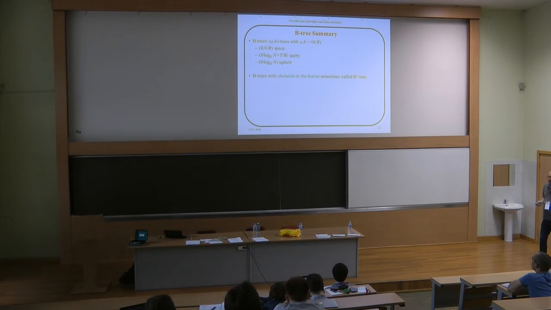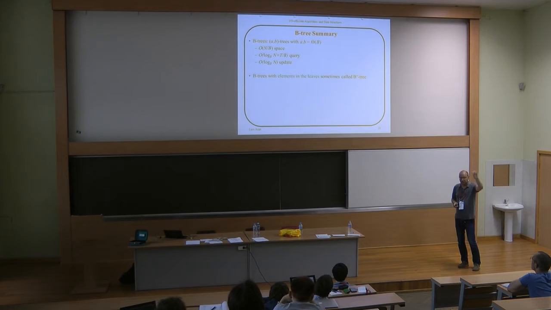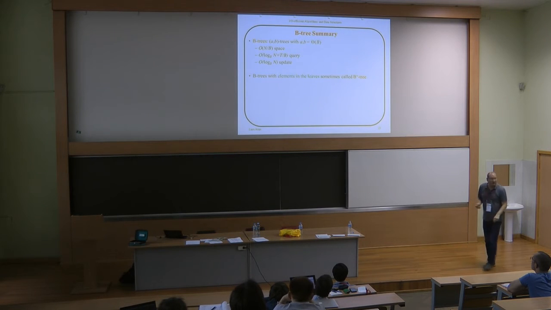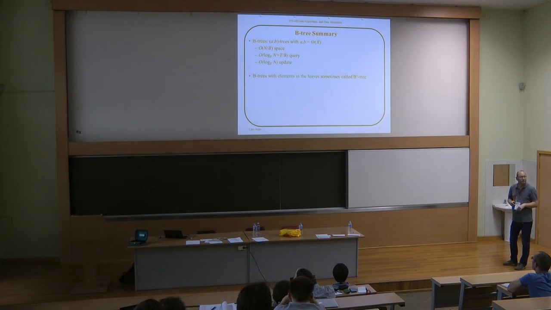And now I can do updates in log-base-B of n, because everything we did when we did insert and delete touched one path of the tree. And the root-to-leaf path is of height log-base-B of n, so it uses log-base-B of n IOs. So now we actually have a nice external search tree that has all the properties we would like: linear space, logarithmic query, and logarithmic update.